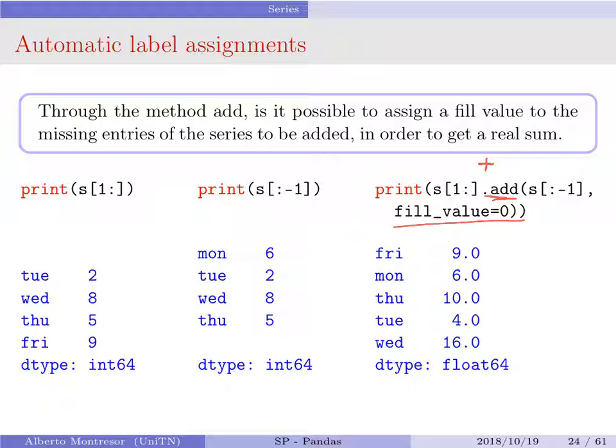But this is the add function, so you can specify some behavior, and the behavior that we use is that whenever we are looking for an element which is not present, it's like there is a 0 here.